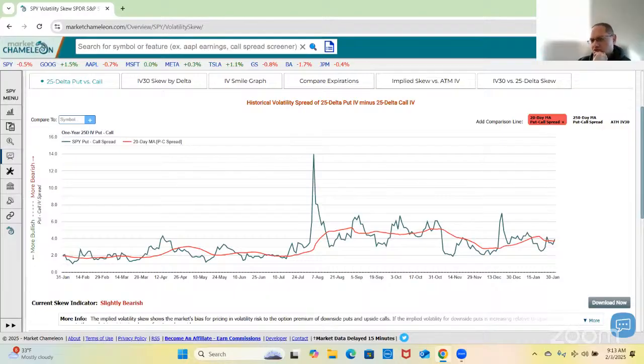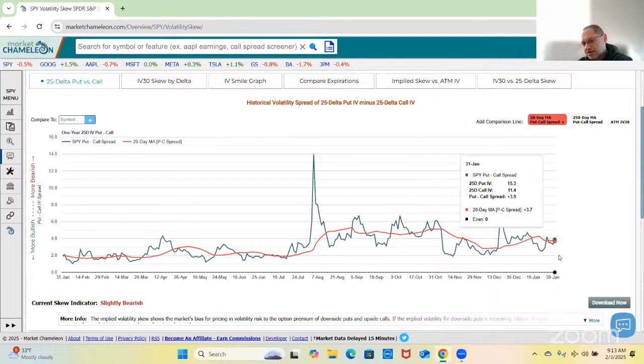We could see that the red line is the 20-day moving average skew, and this green line is the daily observations. And it looks like right now, at the end here, we were sitting below the 20-day moving average, and now we're right at it.